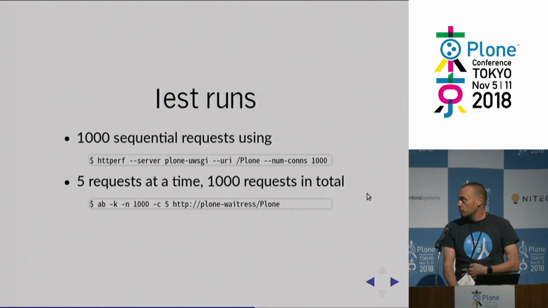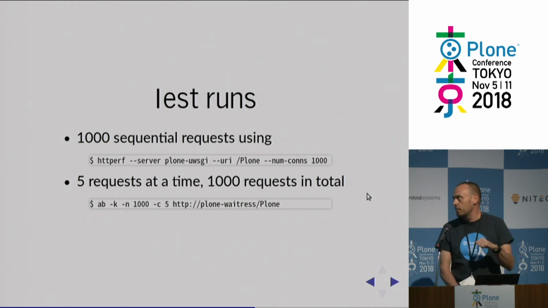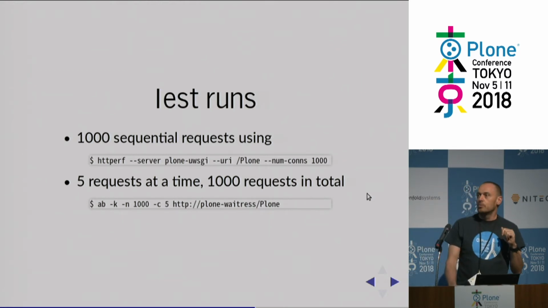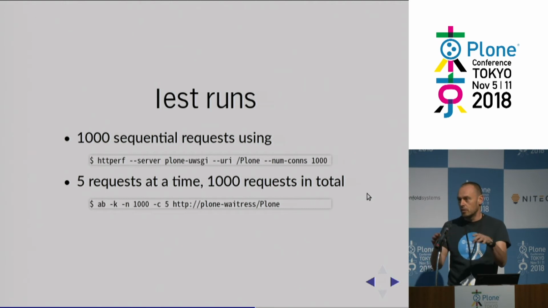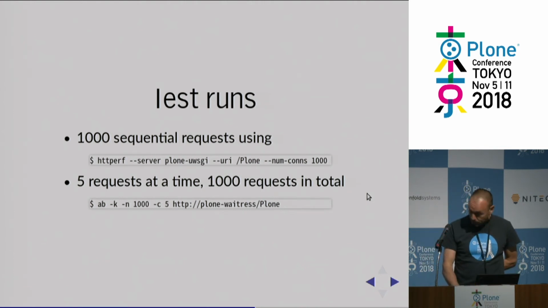I wanted to use httperf for the second test as well, but it turned out that it's not a good idea because httperf is much more persistent than Apache Benchmark, and it will lead to a lot of 50x errors. Whereas Apache Benchmark just seems to wait until the request queue is empty and then send the next. So for the concurrent requests, I was using Apache Benchmark, so 5 concurrent requests and 1,000 requests in total.